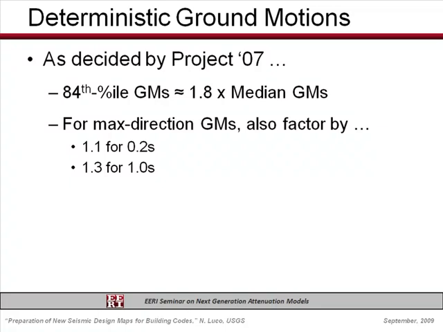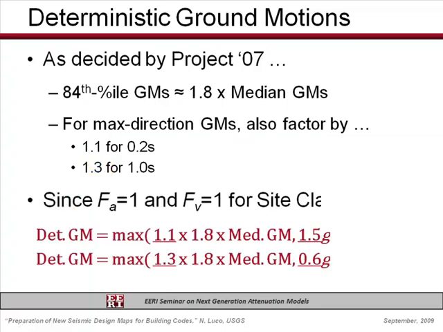And then to convert to maximum direction ground motions, we use this factor of 1.1 for 0.2 second spectral acceleration and 1.3 for 1 second spectral acceleration. So this is how we finally get our deterministic ground motions that we map for design purposes.